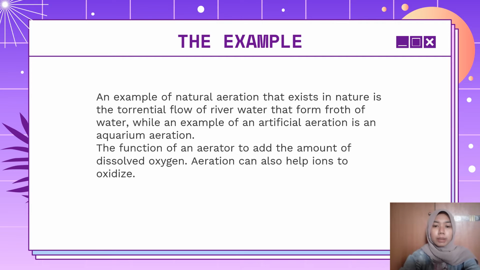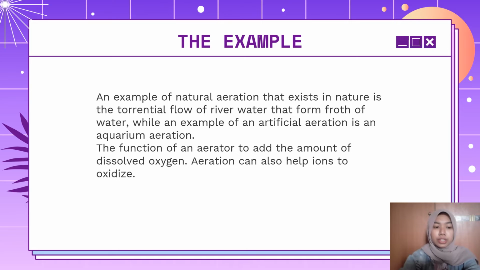Aeration can also help ions to oxidize. See, water which contains ions, when ions contact with oxygen, then oxygen will enter the water. Because of that, it is very useful for marine biota.